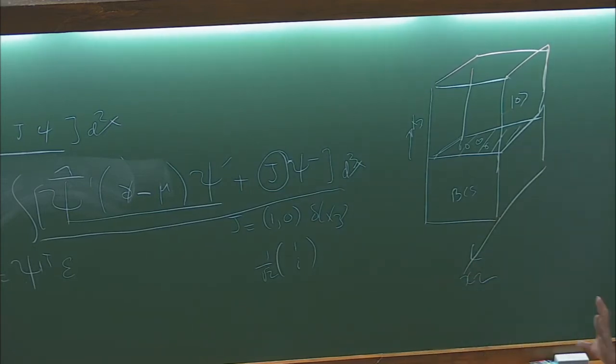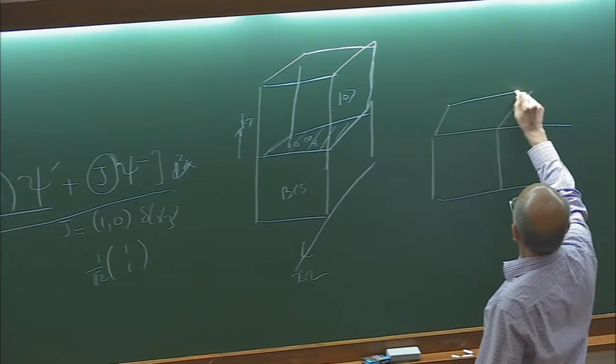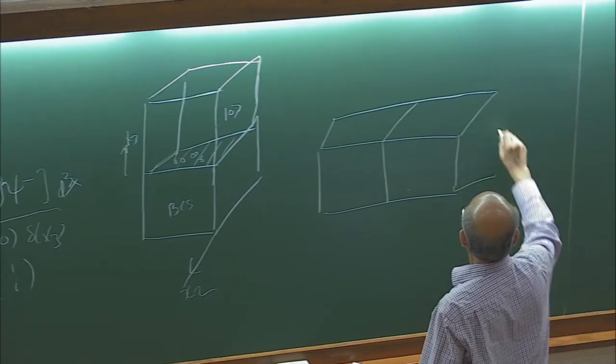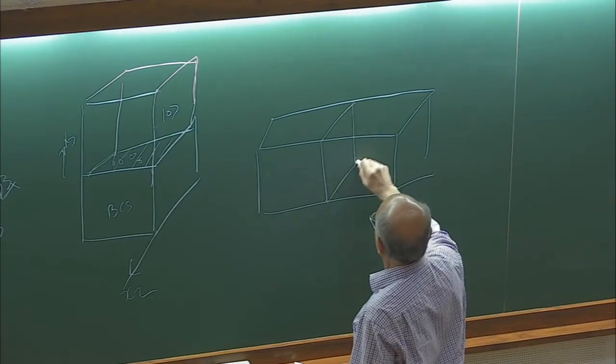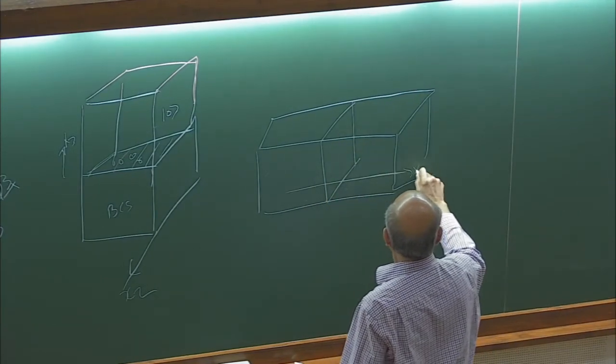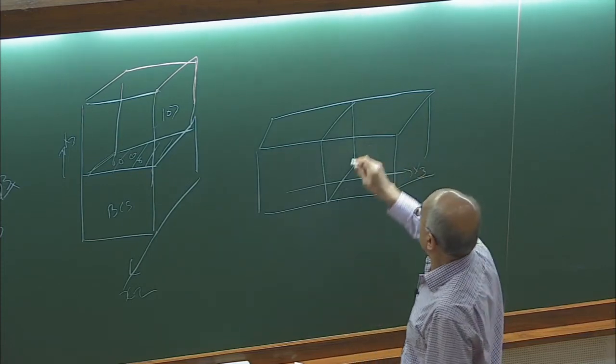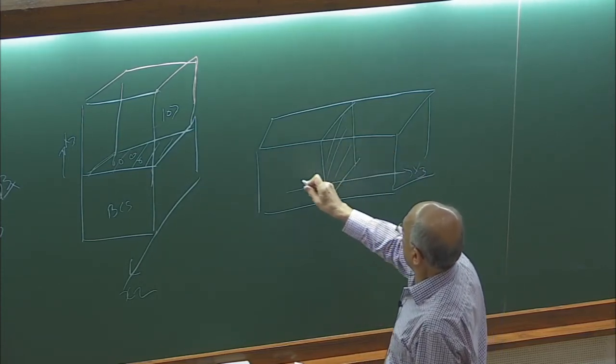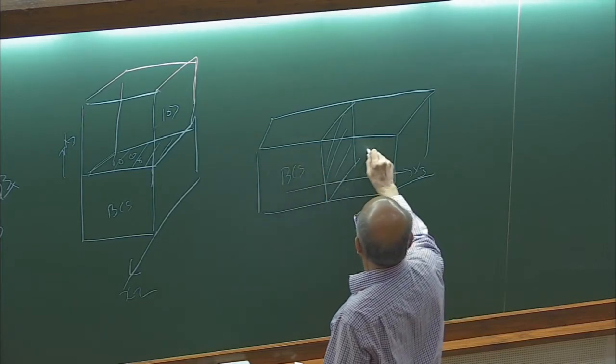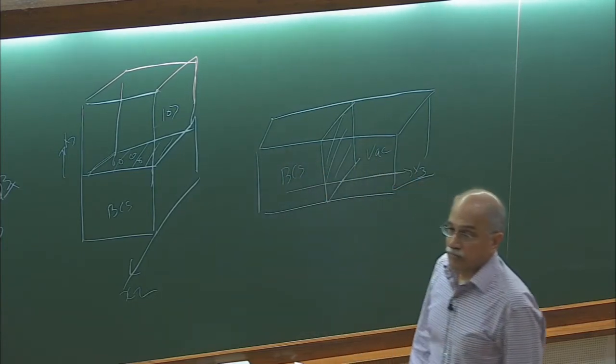The points carry the same label, so I tilt this guy on the side, it looks like this. So now, this is the x3 direction. This has got the BCS, this has got the vacuum.